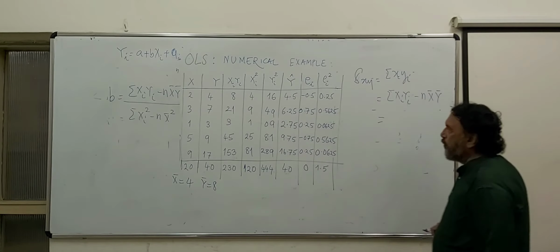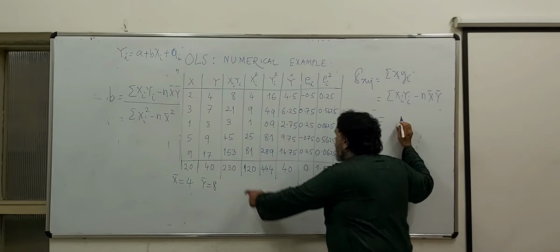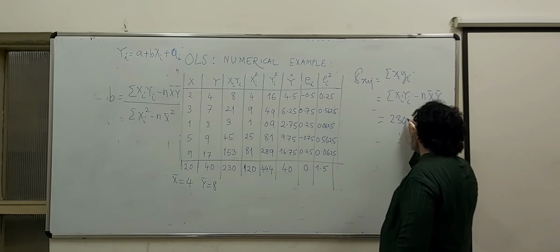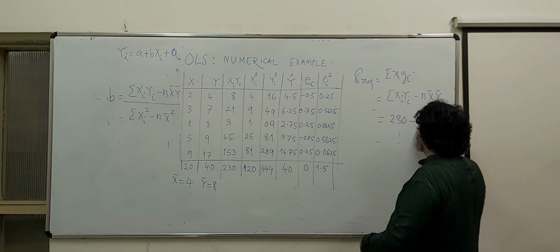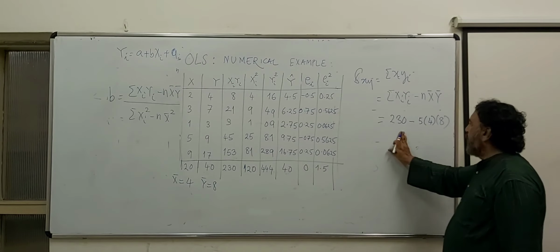So just take what we would get. We can easily get this as sum of xi yi is 230. Subtract from that n, which is equal to 5, x bar, which is equal to 4, and y bar, which is equal to 8.